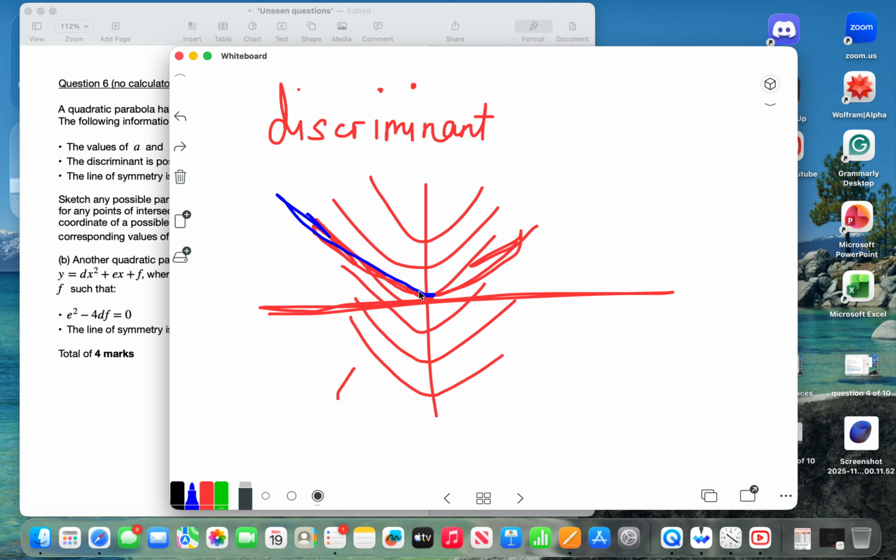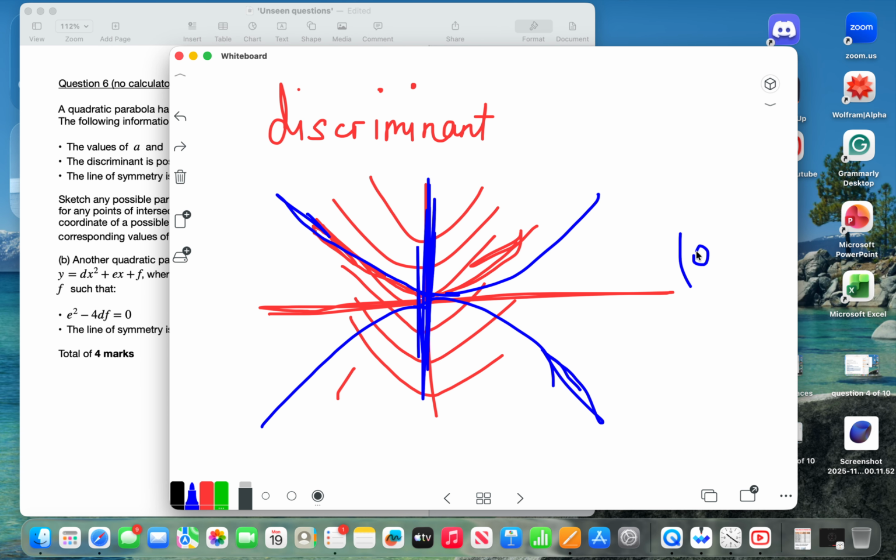You could have that and this. So both of them satisfy the condition of this being the line of symmetry and it cuts the x-axis at one point. So 0, 0 would be the turning point in either case.